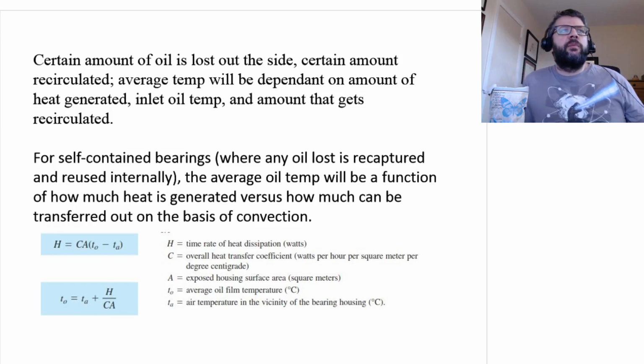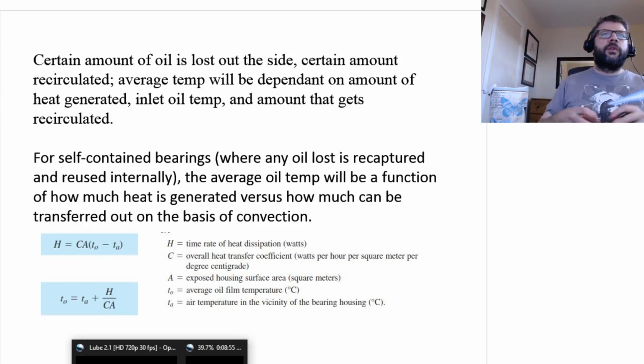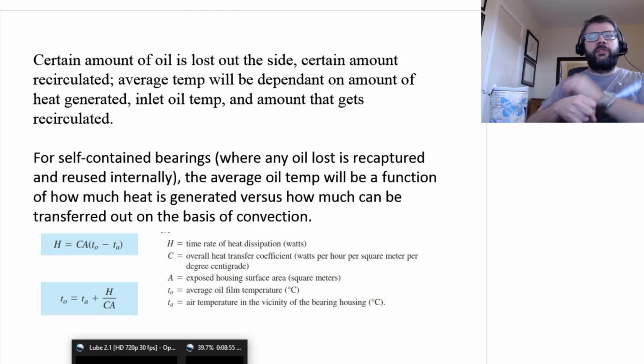You're going to get a certain amount of heat that gets pumped into the oil as it goes through, and then it's going to make its way back around, and the oil that gets recirculated is going to mix with the oil from the inlet. You're working off the average temperature of the oil that is in the hydrodynamic wedge.